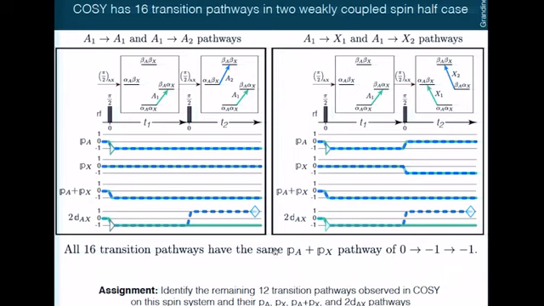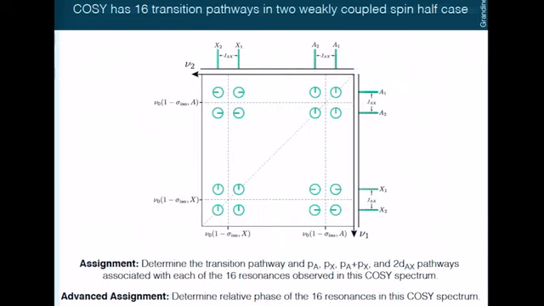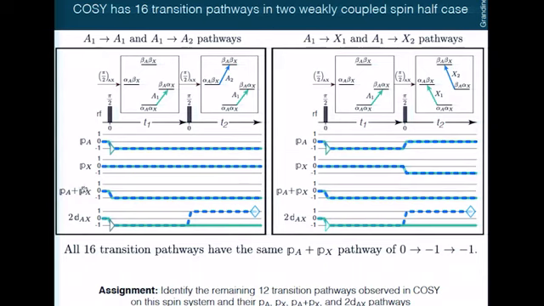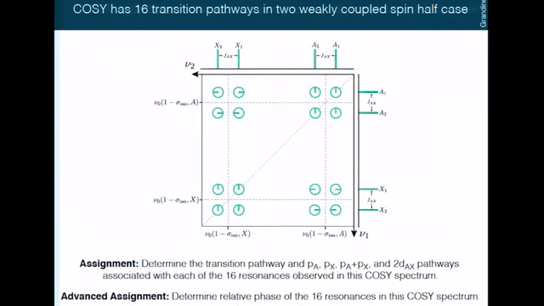You can work out all of this, and when you're done, you can see that all these 16 peaks belong to the 16 transition pathways. But the critical thing is that all 16 of those have the same pathway of PA plus PX equals -1, -1. All the same, but they have all these different histories.